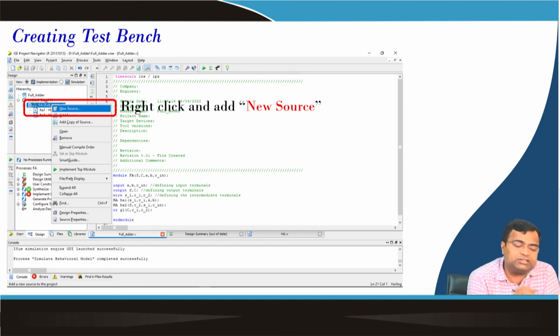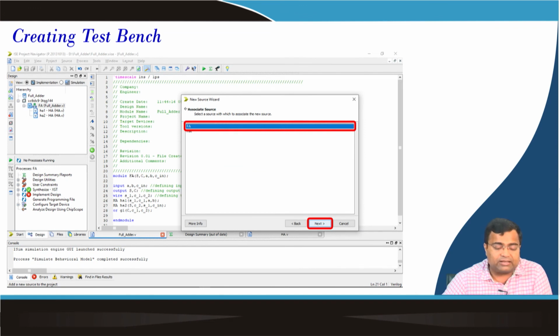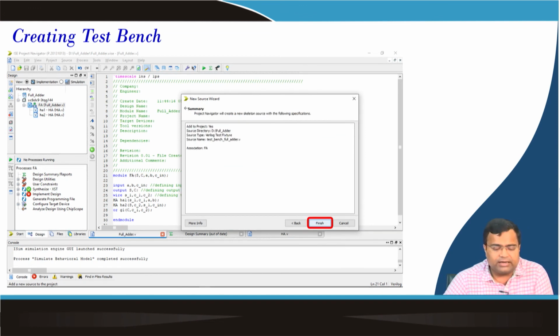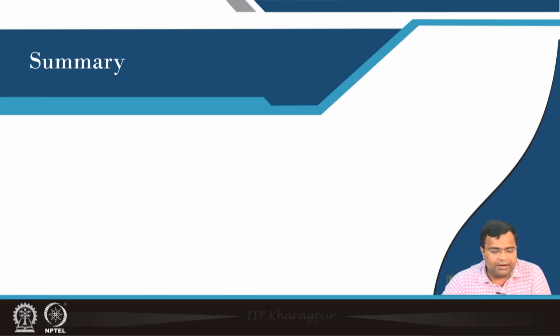So you have to select which block you want to test, then you have to create a test bench, then it will associate with half adder or full adder. So if you make it full adder, then it will create a test bench circuit and it will link. Now in this test bench circuit you can actually make whatever you want, okay.